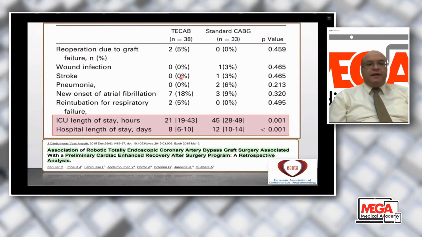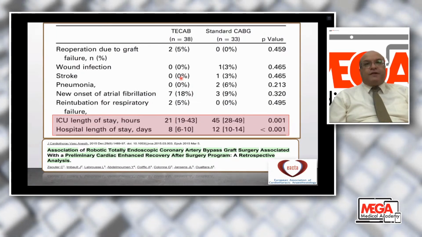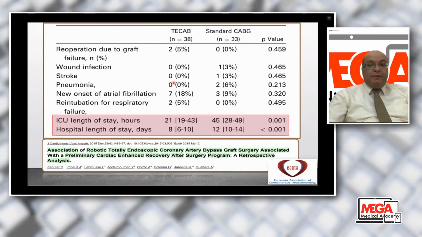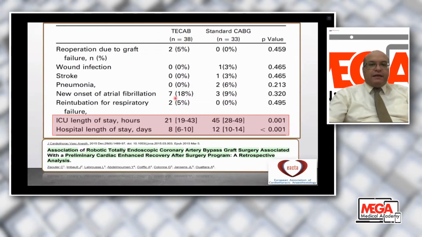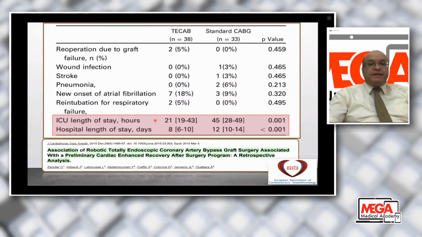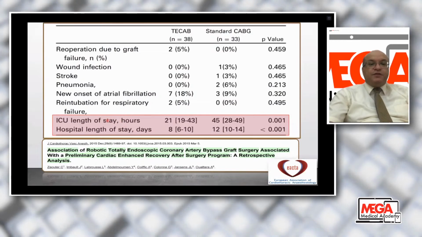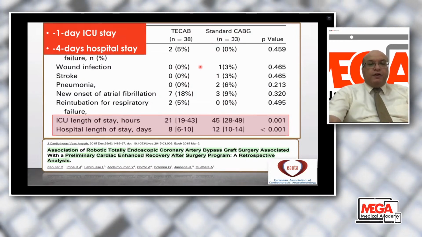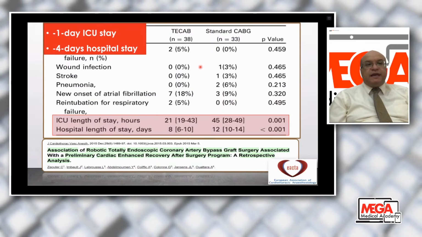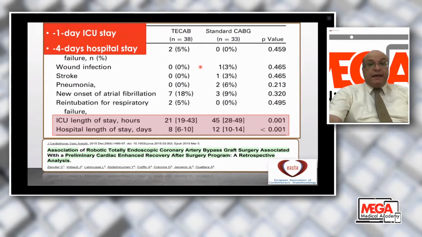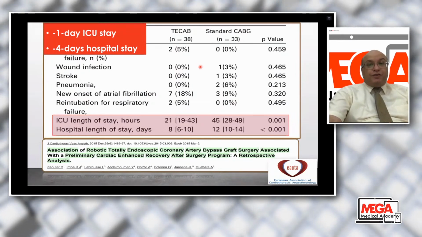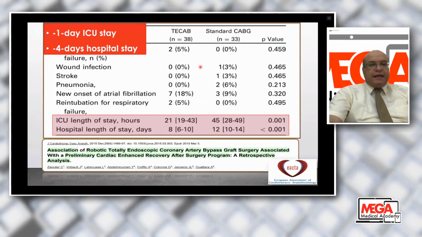And you can see here, which is more important to look at for clinical outcome, the use of ERAS with the robotic assisted approach was associated with decreased length of ICU stay and hospital stay. You can see the length of ICU stay decreased by 1 day and hospital stay by 4 days, which means a lot of saving in healthcare cost.